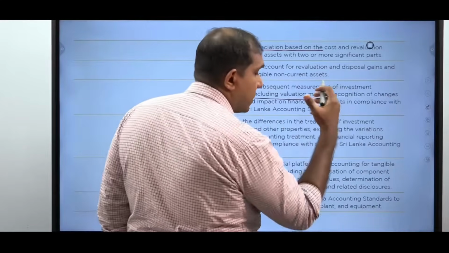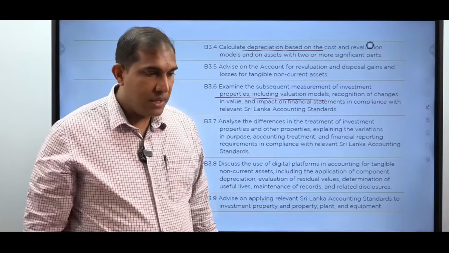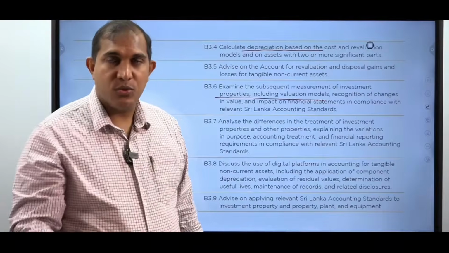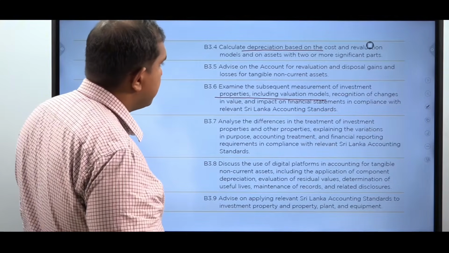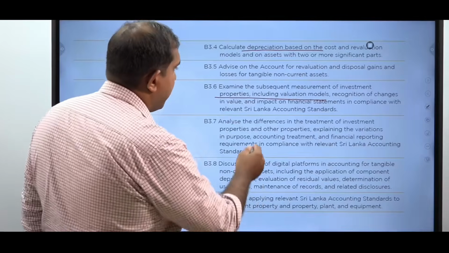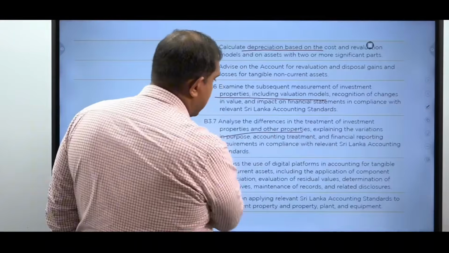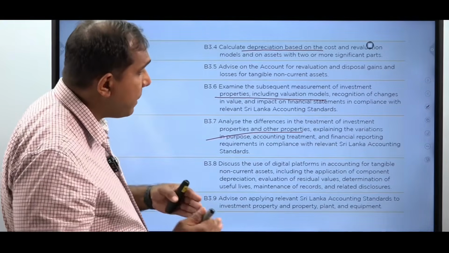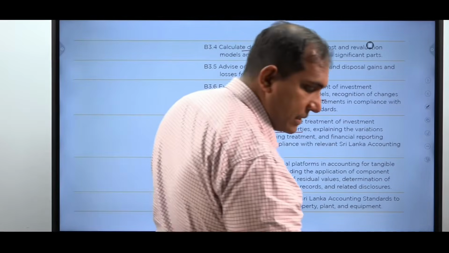There are two valuation models under subsequent measurement: number one is the cost model and number two is the revaluation model. Then analyze differences in the treatment of investment properties and other properties. Yes, we can discuss. Discuss use of digital platforms in accounting for tangible non-current assets.